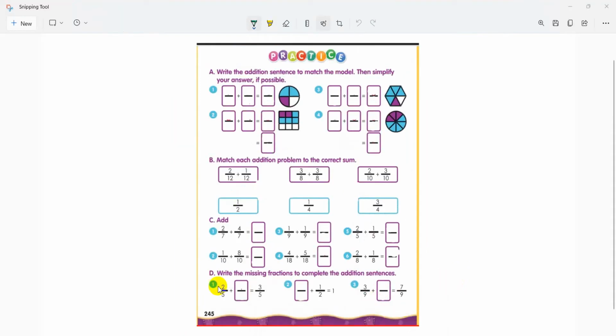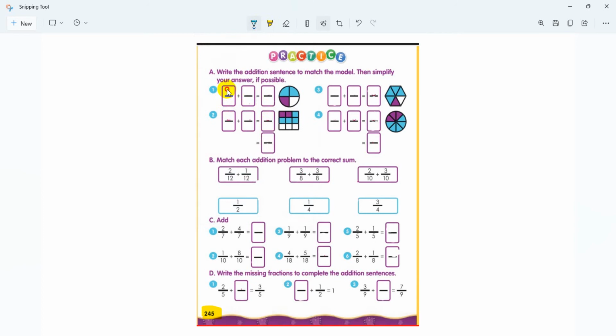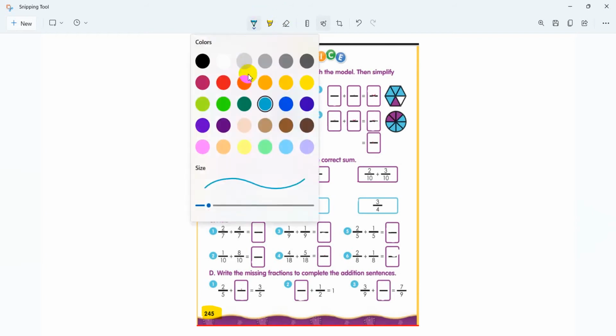Let's complete the page. Now we turn to page 245. The first exercise: write the addition sentence to match the model, then simplify your answer if possible. Number 1, you can see the first fraction. We can write it as 2/4 here in blue, and in purple you can find it's 1/4.